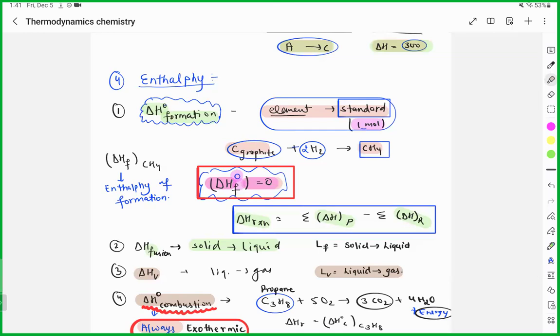Denote delta H by this. S is entropy, randomness. What is enthalpy? Enthalpy is H. Enthalpy is denoted by H naught, where H naught means standard state.